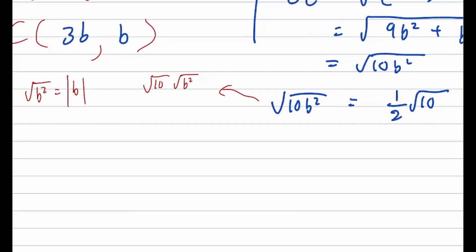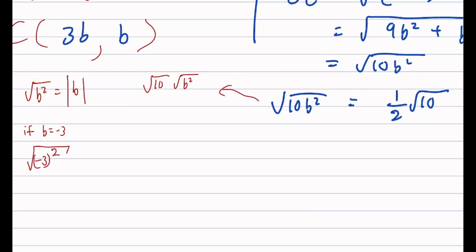Because if b equals negative 3, then b squared followed by square root means you square first, then take the square root.